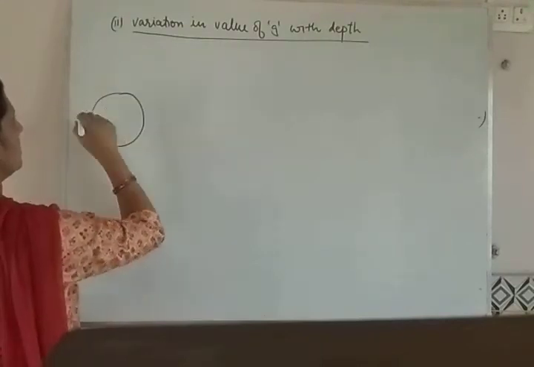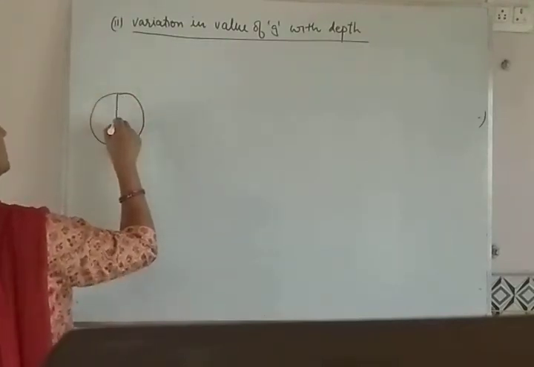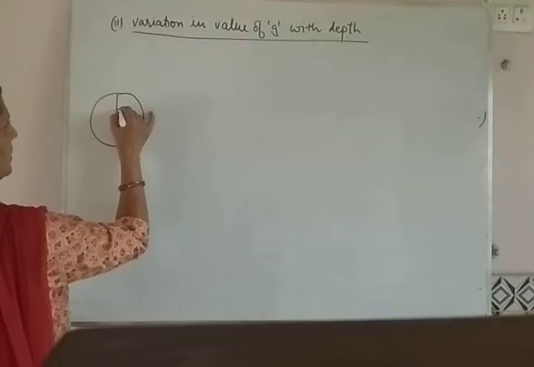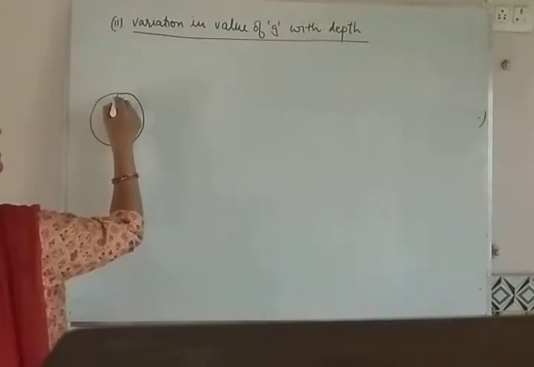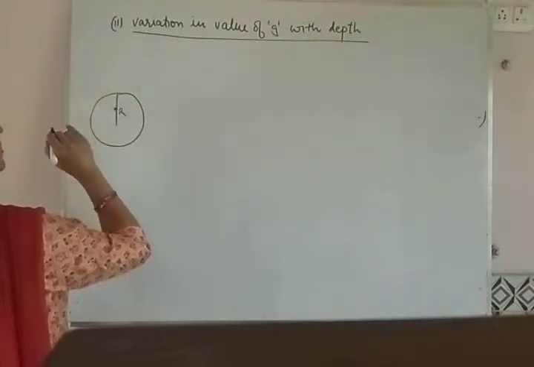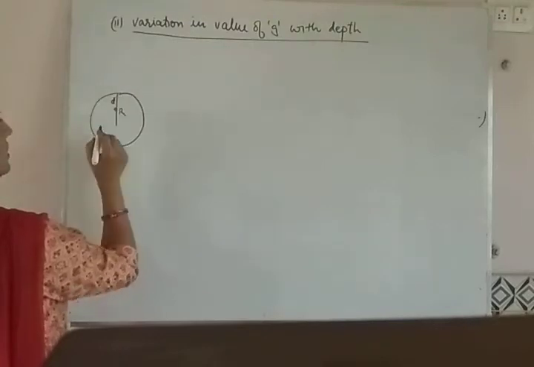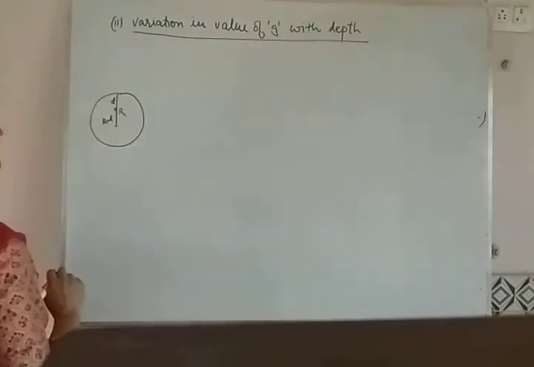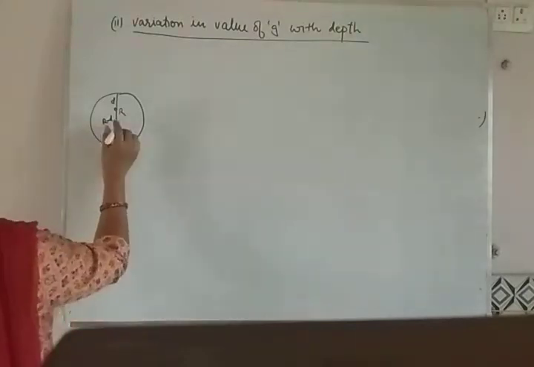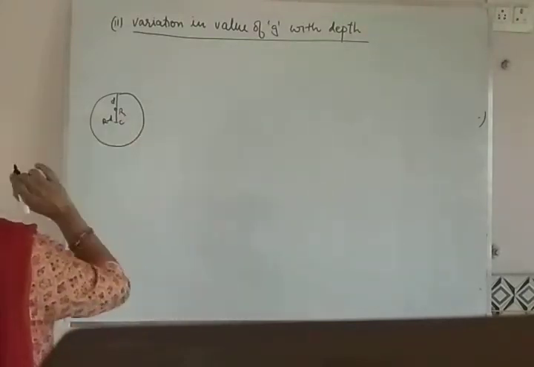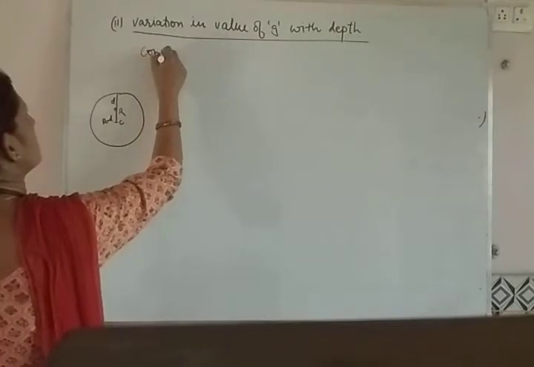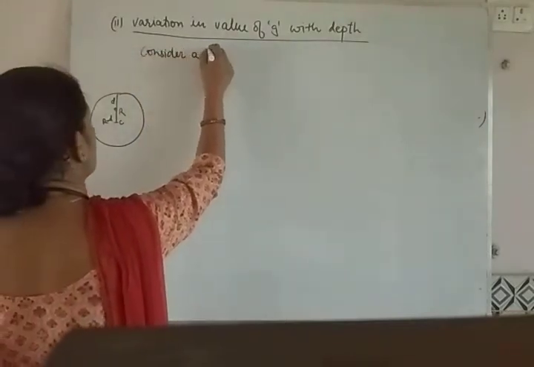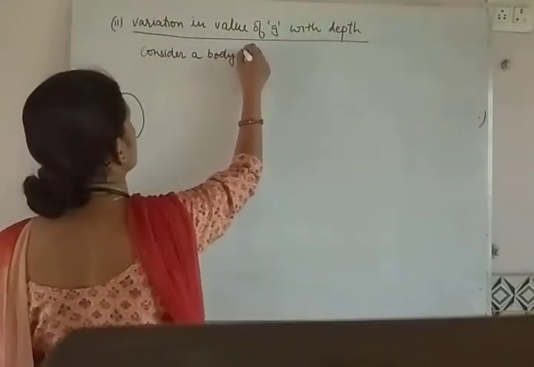Again, this is Earth of radius r, and if the object is moving through depth d, then its distance is r minus d from the center of the Earth. This is the center.